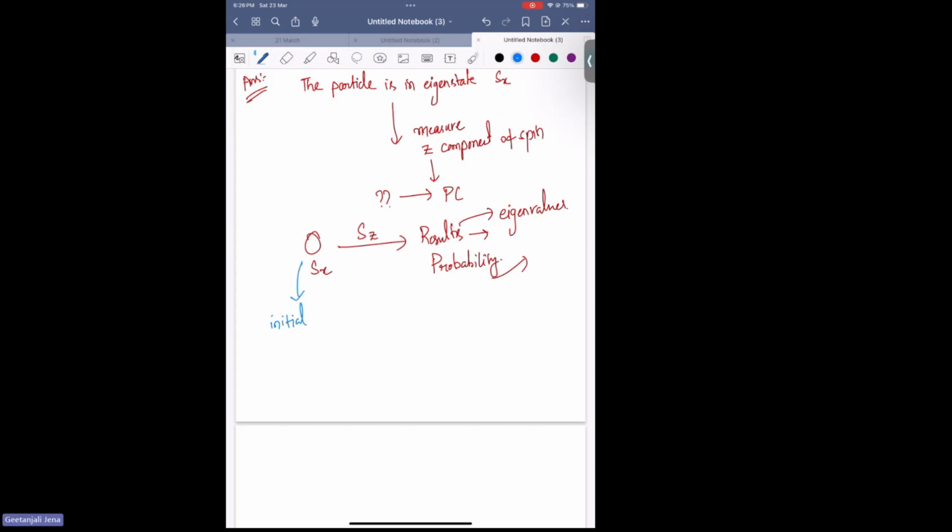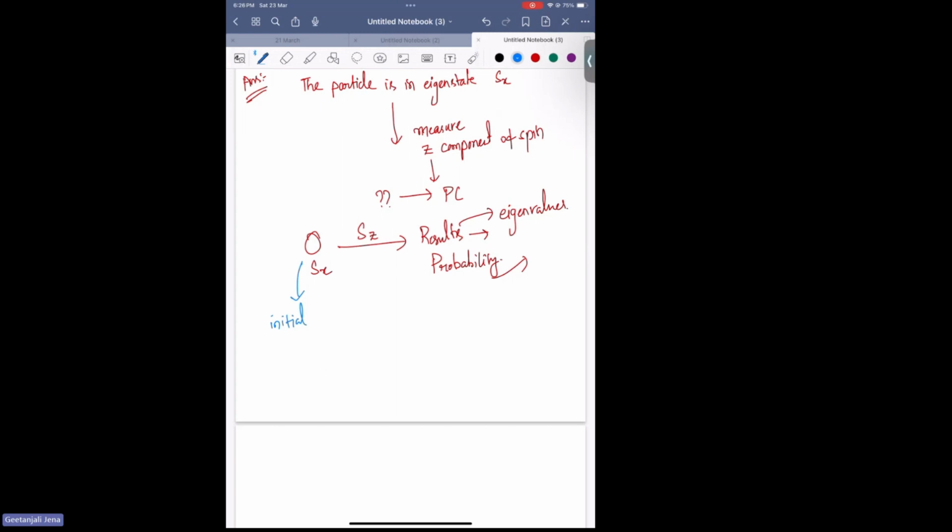Right? Now we are measuring the Sz operator. When we are measuring Sz, it's better to write the initial state in terms of the eigenstates of that operator. We have Sx and we are measuring Sz, so to find the probability we have to express the initial state in terms of the eigenstates of Sz that is acting on it.